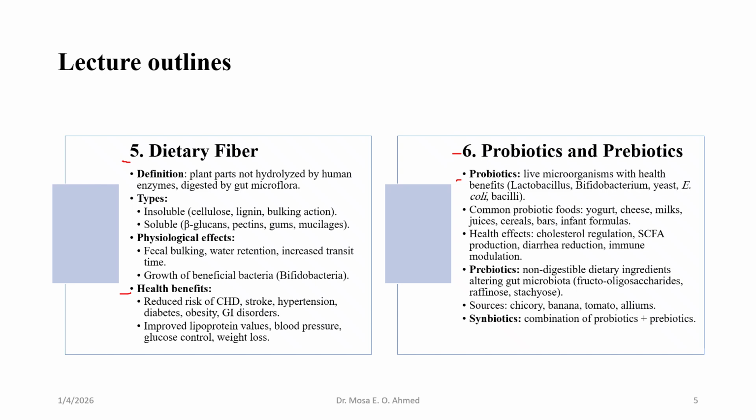The common probiotic foods include yogurt, cheese, milks, juices, cereals, bars, and infant formulas. The health benefits of probiotic food are to improve or control cholesterol level, contribute to SCFA production, reduce diarrhea, and immune modulation.